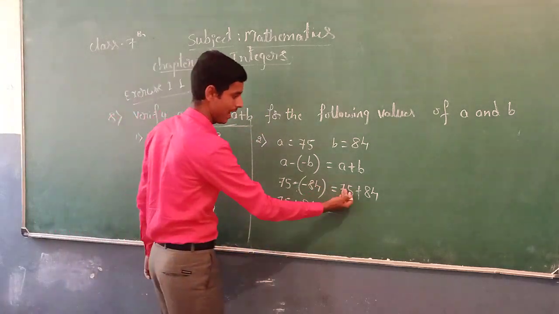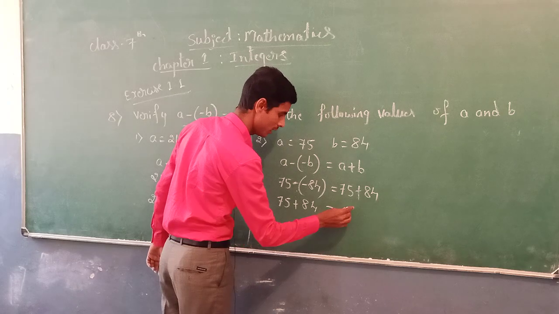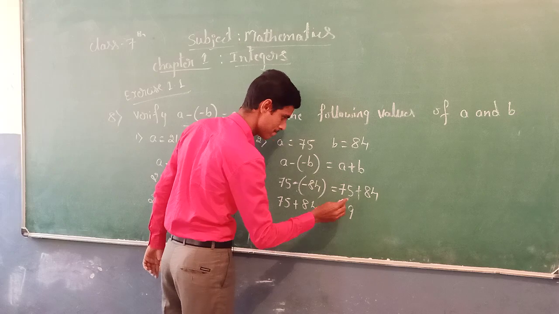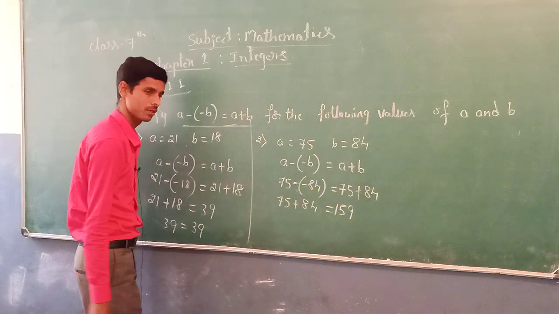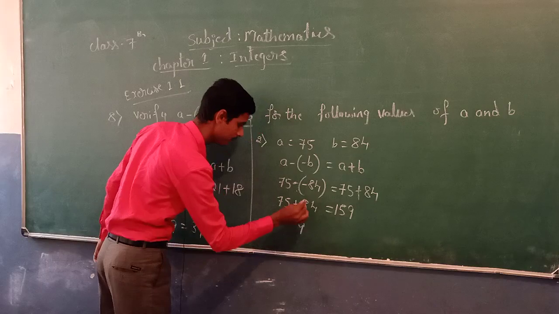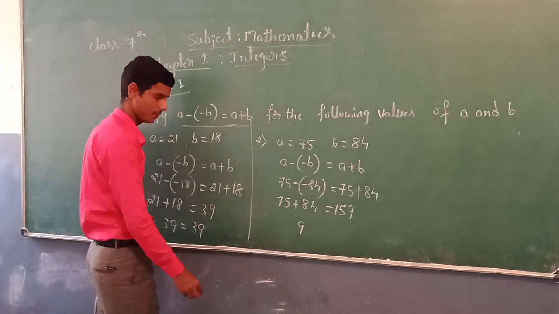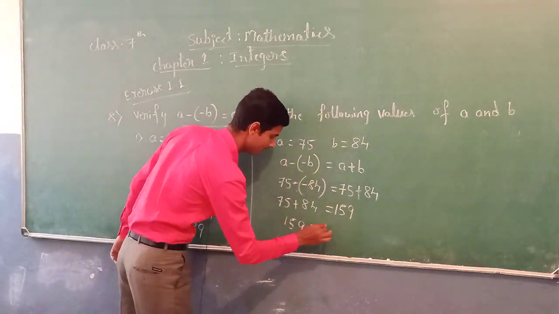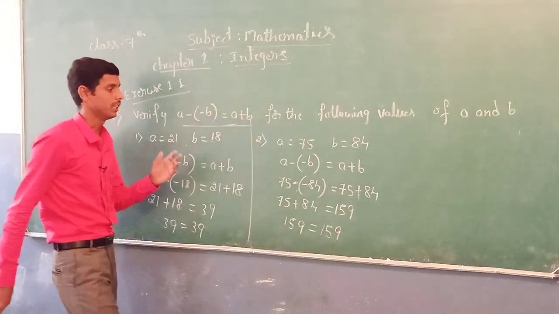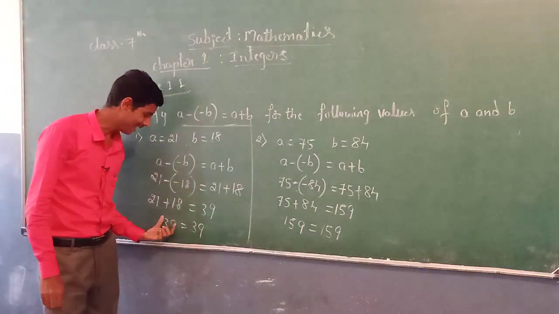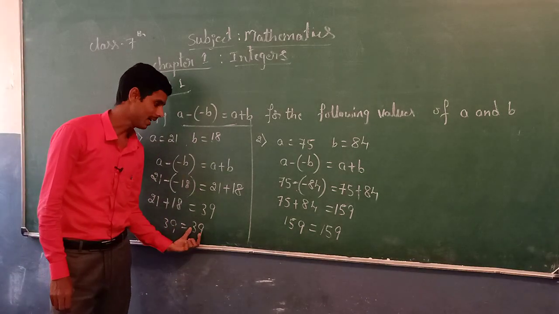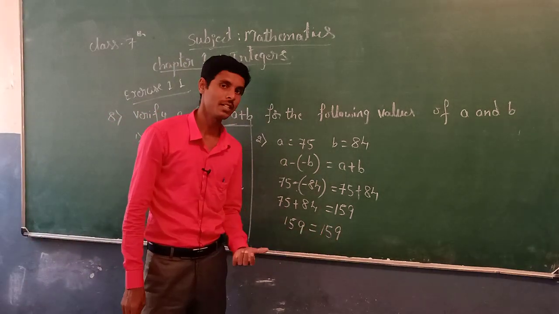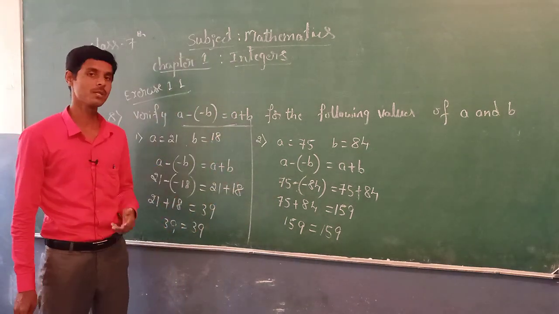Equals, we can add this: 5 plus 4 is 9, 7 plus 8 is 15, right? So 159 equals 159. In both the cases, we got LHS equal to RHS. If LHS is equal to RHS, then this statement is verified.